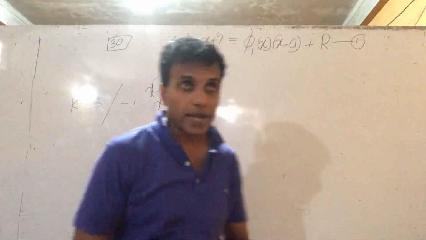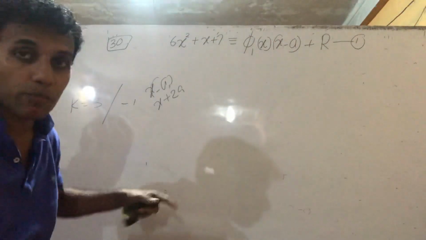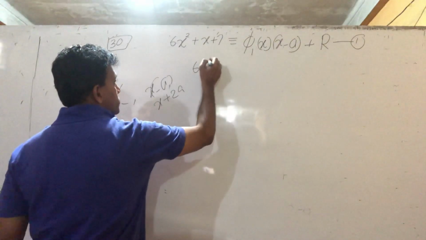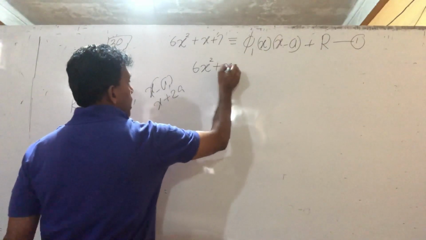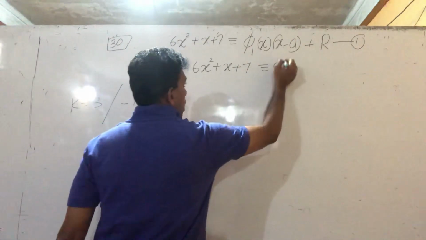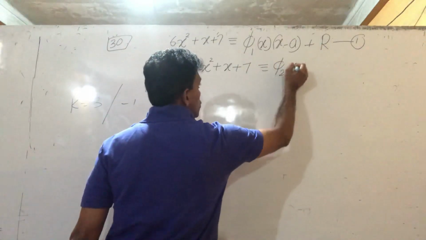Again, write for the second instance, divide by x plus 2a: 6x squared plus x plus 7 equals quotient into divisor.